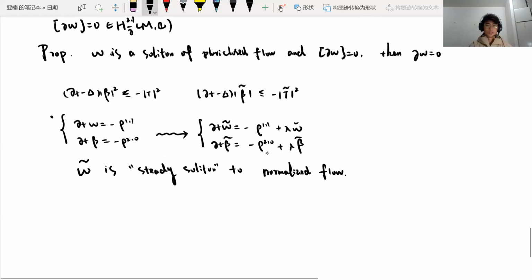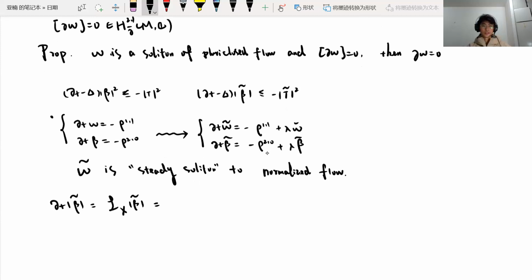And in this case, since it is steady, this is just where x is independent of time.